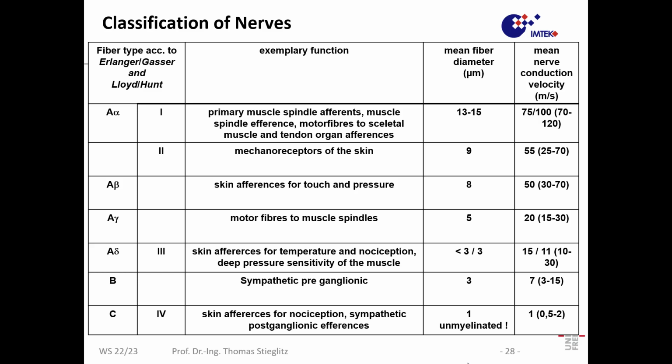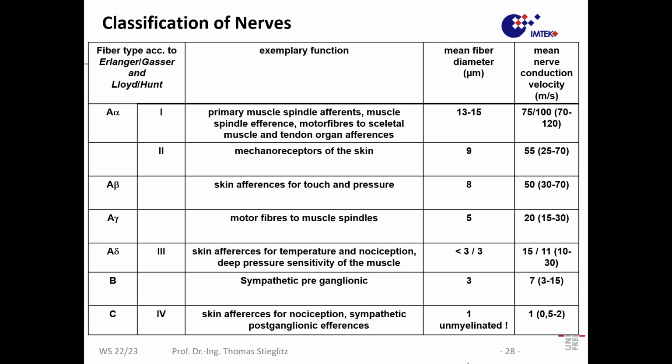So we come from about, let's say, 100 meters per second at the fastest down to 1 meter per second at the slowest. And the fiber diameter thickness goes from 13 to 15 microns down to 1 micron in unmyelinated ones.